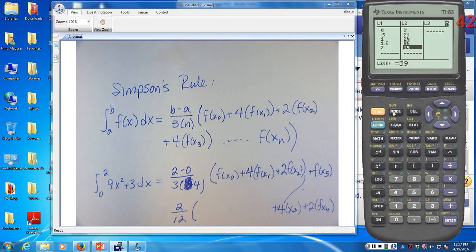So then we're going to go back to the home screen and ask it to find the sum of list 2 and multiply that sum times 2 over 12. And it says the approximation is 30.333.